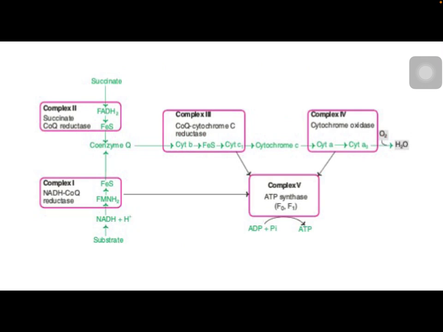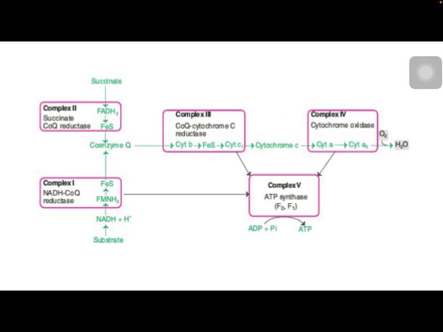These complexes are also related to different enzymes: NADH coenzyme Q reductase, succinate coenzyme Q reductase, cytochrome coenzyme Q reductase, cytochrome oxidase, and ATP synthase.